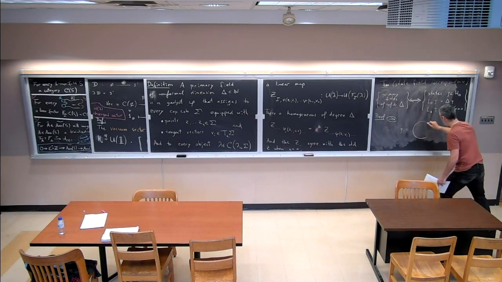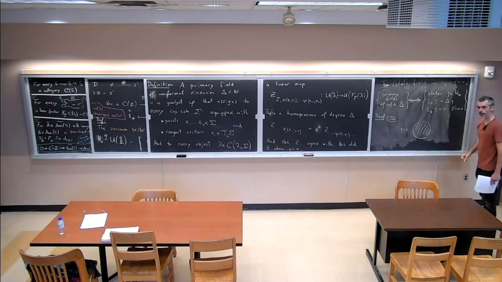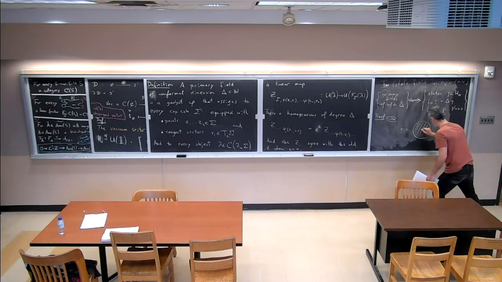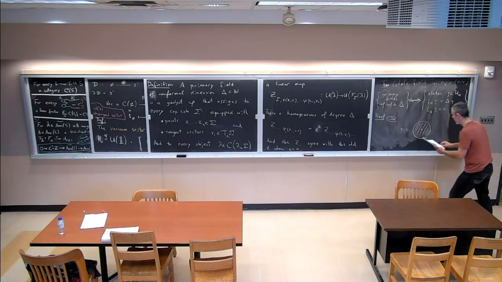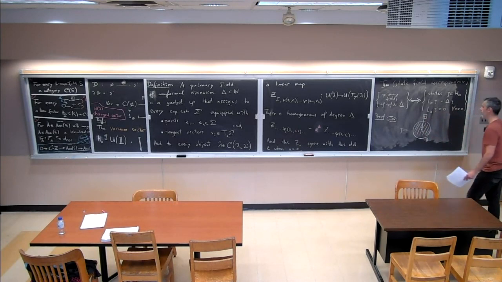Take the disk, and at the point 0, so this is the standard disk. At the point 0, I'm going to put the field phi. And that's now a thing which I claim is an element of H0.